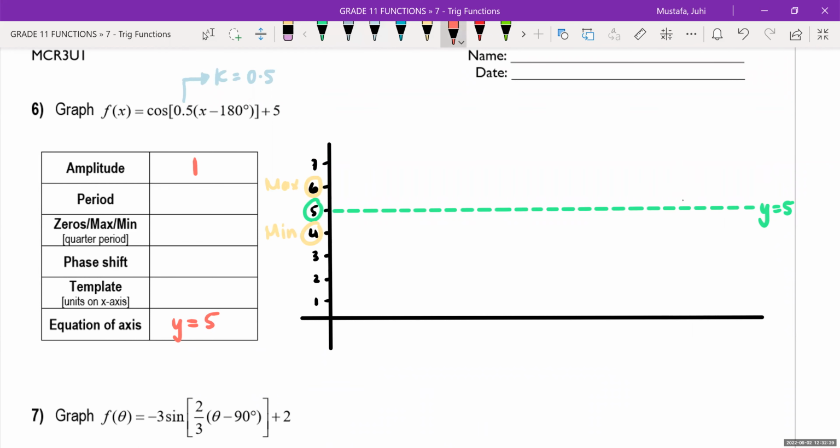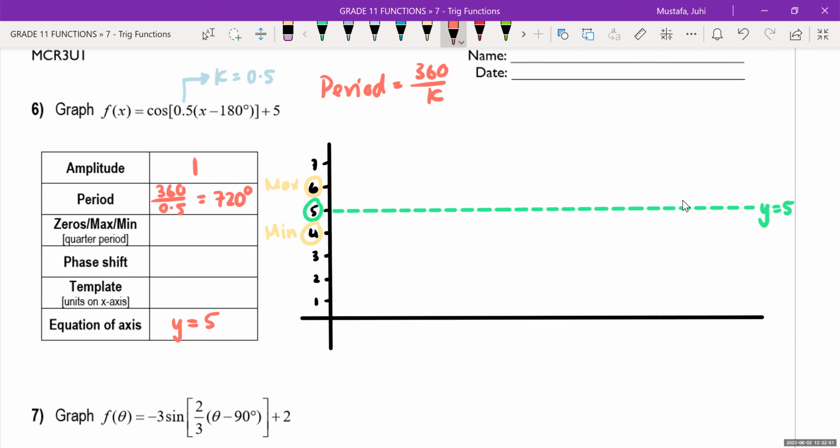To figure out the period, remember the formula is your period is equal to 360 divided by K. And we just figured out K is 0.5. So we're going to go 360 divided by 0.5, which is going to give us 720 degrees. Let's see if this makes logical sense.